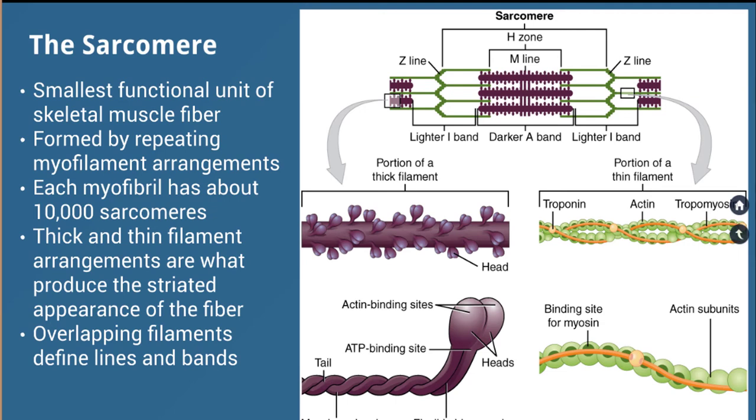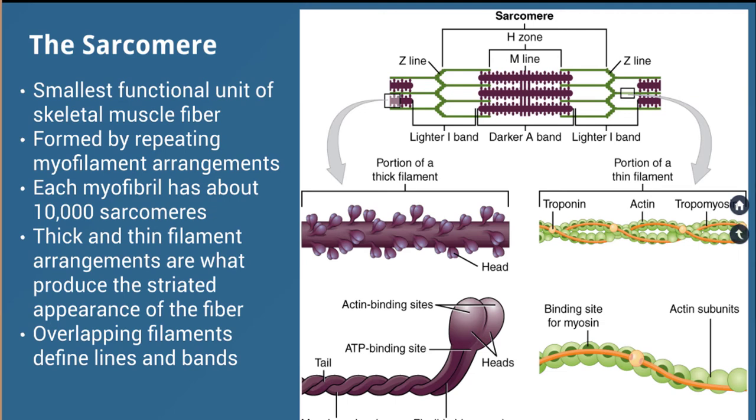The striated appearance of skeletal muscle fibers is due to the arrangement of the myofilaments of actin and myosin in sequential order from one end of the muscle fiber to the other. Each pocket of these microfilaments and their regulatory proteins, troponin and tropomyosin, is called a sarcomere.